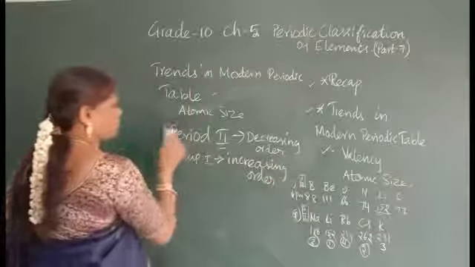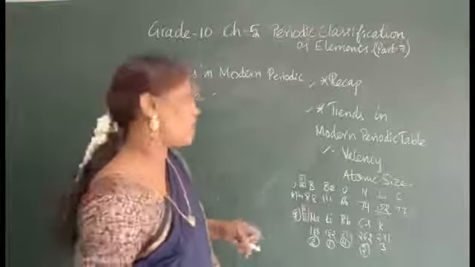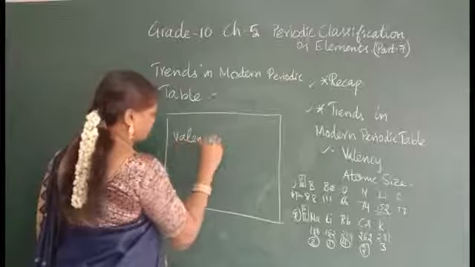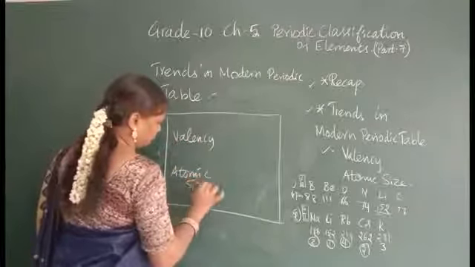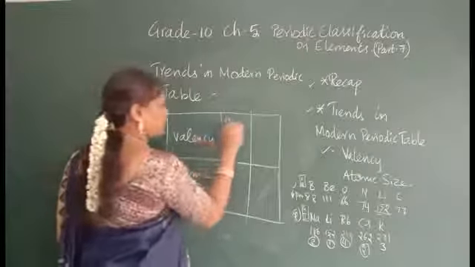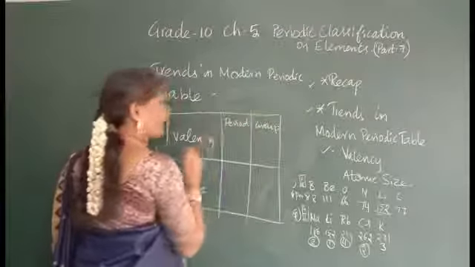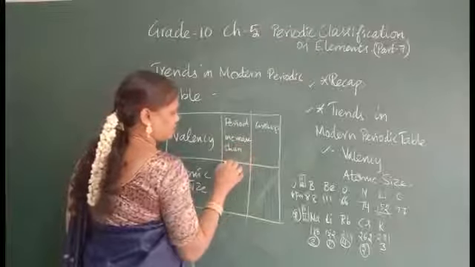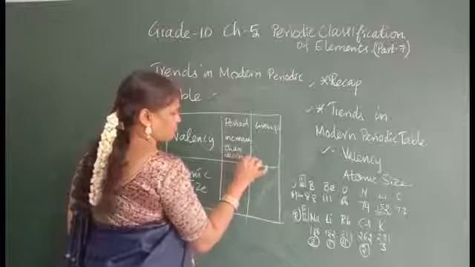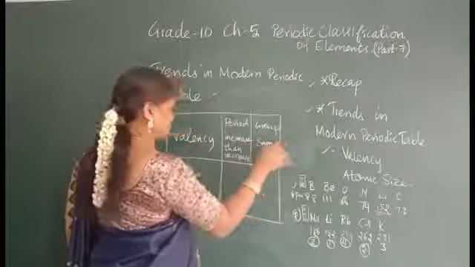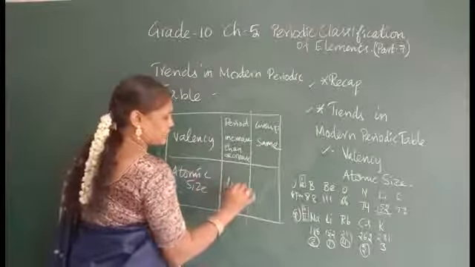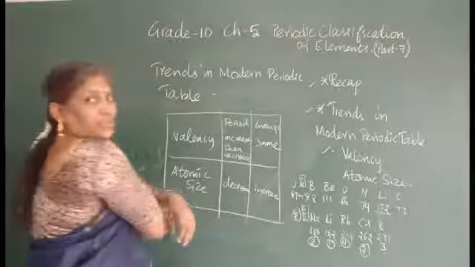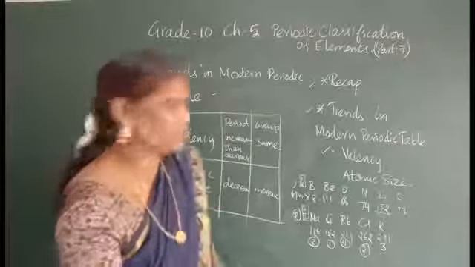What are the things we have seen today? We have seen how valency and atomic size vary in the modern periodic table.